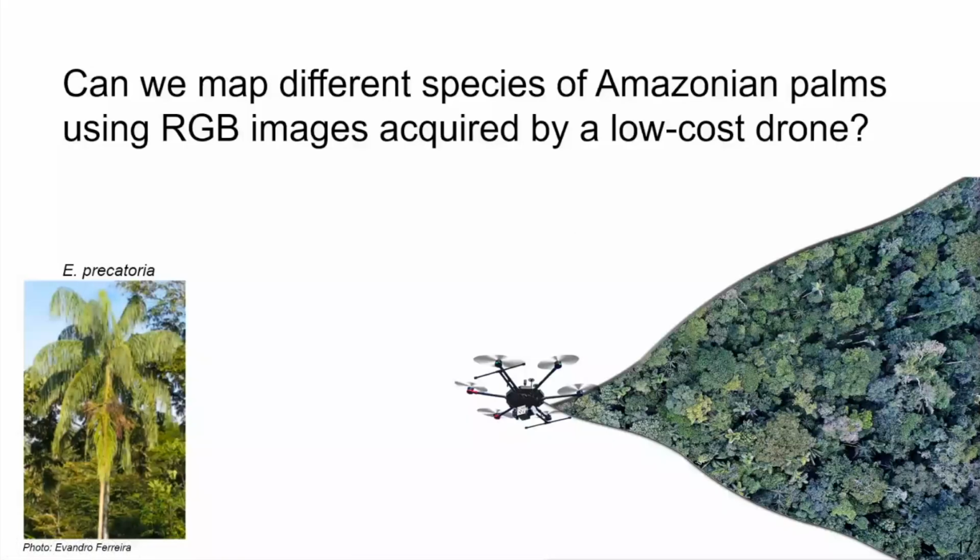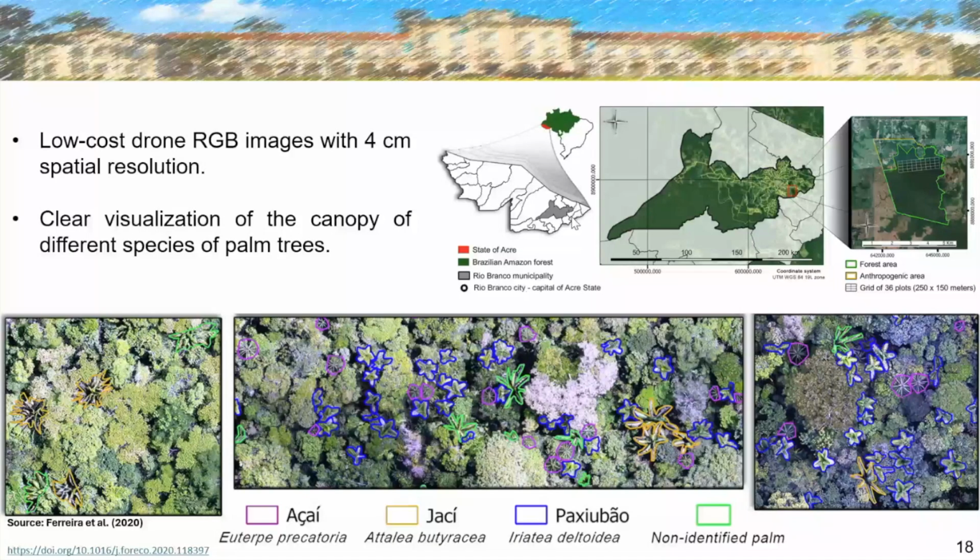And for this purpose, we selected an area in the state of Acre. It's here, in the Brazilian Amazon, highlighted in green. And this is a highly diverse forest, and it's almost conserved. Here it's a conservation unit in which we have an experimental station.